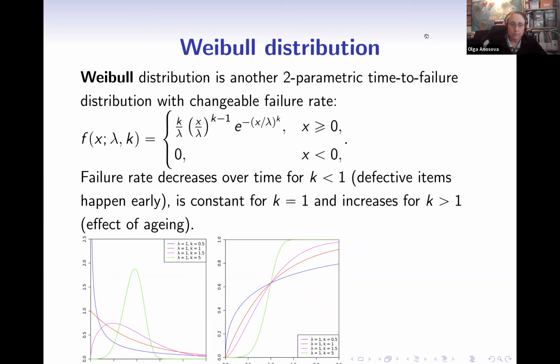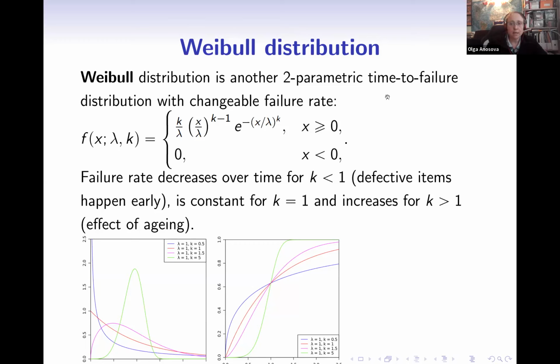For example, if you would take into account the possibility of a situation when defects happen early, well, for example, in population health, it's child mortality that is higher than later in life. So it's a failure rate that decreases over time, but also it can increase over time, which is the effect of aging of a person or of a mechanism.